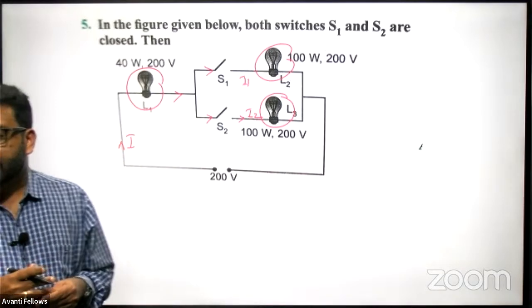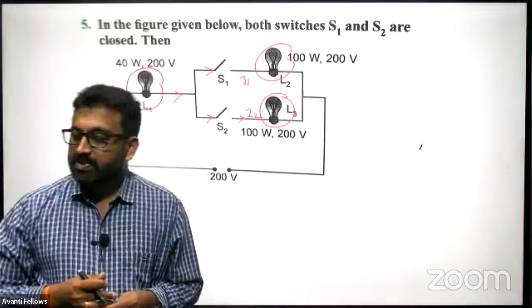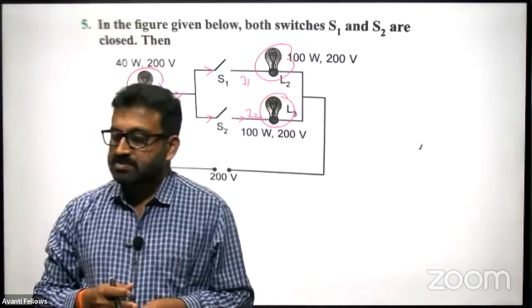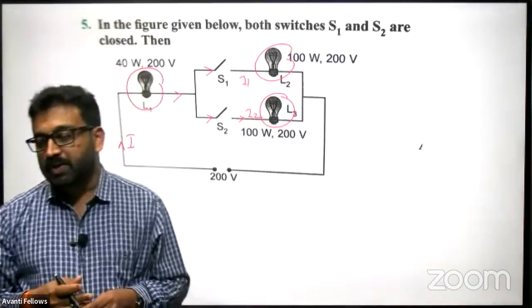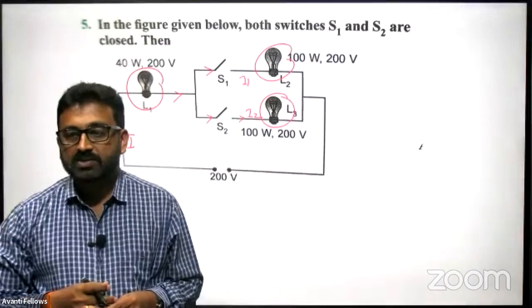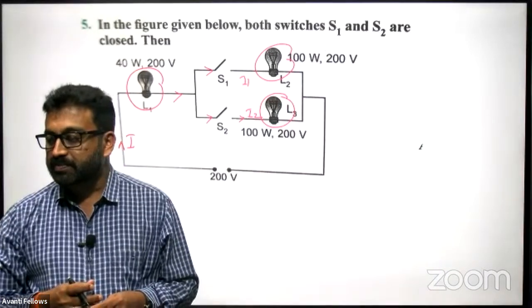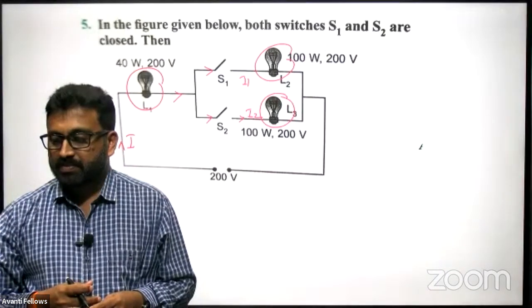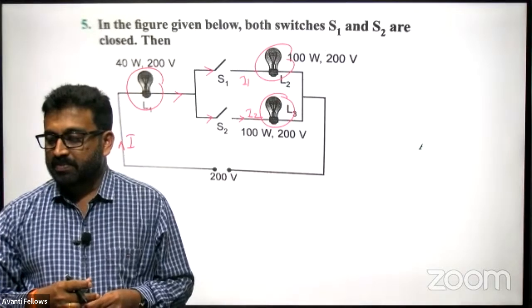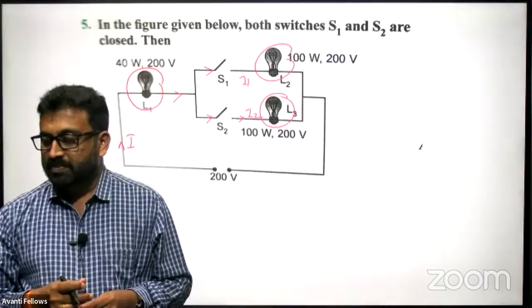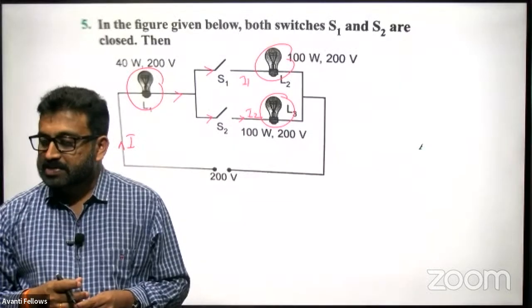Quick. I'll give you 20 seconds time. Brightness of all the three bulbs. What do you think? Either you can send messages in the chat box, or you can switch on the mic and speak.